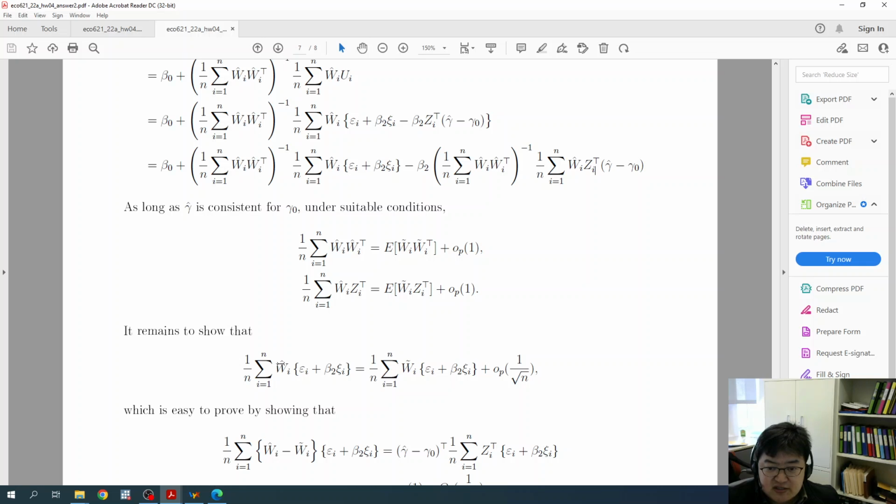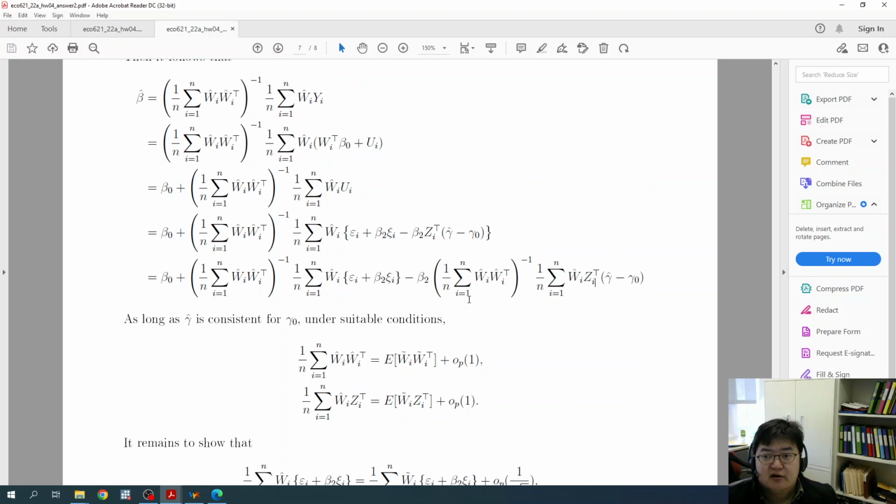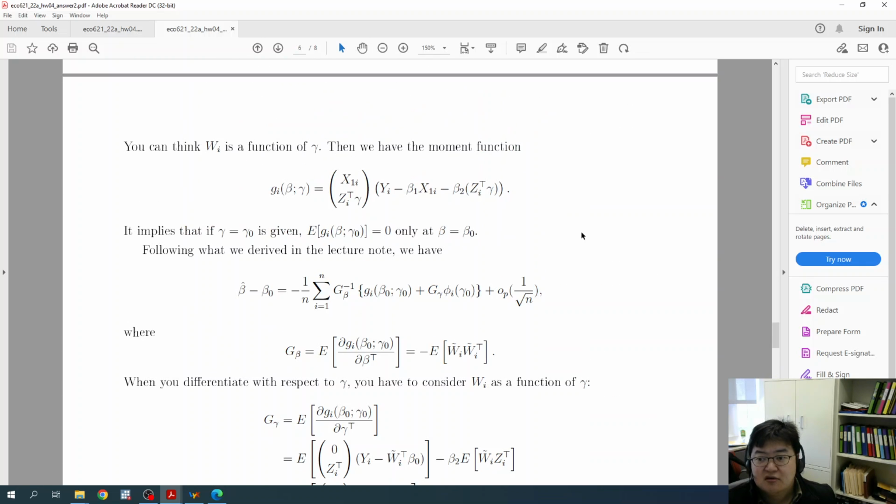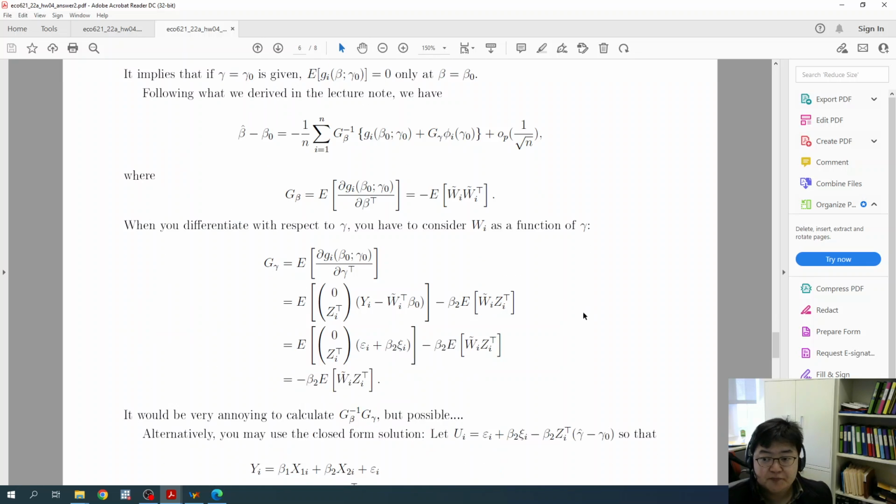The difference is W hat and W tilde, but the residual error term should be converging to 0 faster than 1 over square root n. That is a problem. So this is slightly different, and this is because an influence function should have an error term converging faster than 1 over square root n.